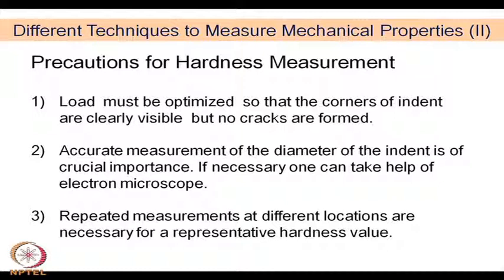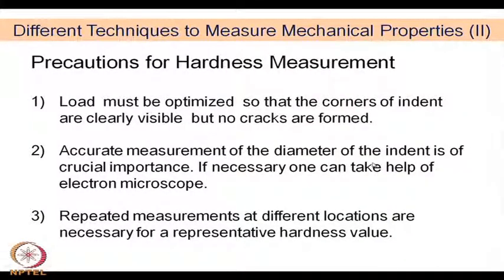So, the load has to be optimized appropriately, so that you get an appreciable size of the indent, so that the measurement becomes easy and accurate, but at the same time you have to limit the load, because there is a stress concentration at the corners and that you have to take into account, so that there is no crack initiated at the corners. In fact, crack initiation means it will not give you the right value.